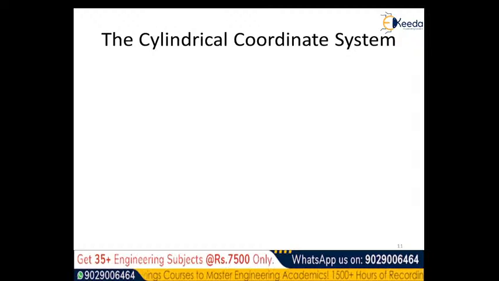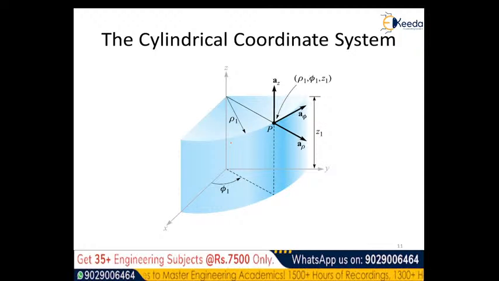In the cylindrical coordinate system, you can see the three unit vectors: one directed along the progression of the radial segment, here it is the arrow; one directed along the progression of the angle phi; and the one common from rectangular to cylindrical, that is az.